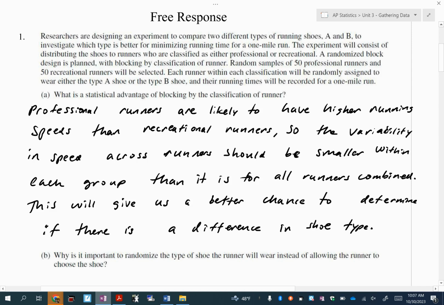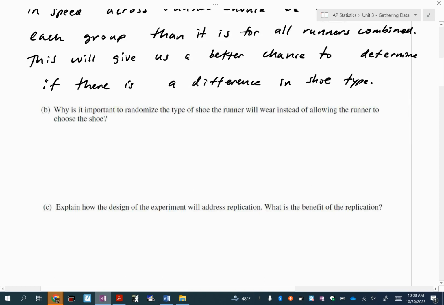Right? And there may not be, right? That's part of the reason that they're doing the experiment. So again, remember blocking is they separate your experimental units, in this case the runners, based on some factor, based on some characteristic, and then they run separate experiments within however many blocks that you have, okay?